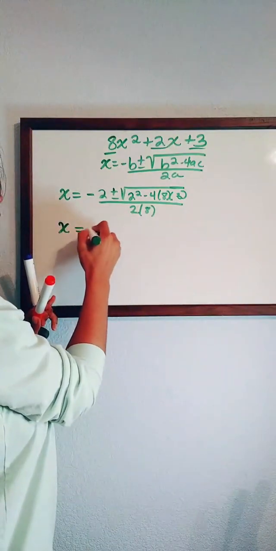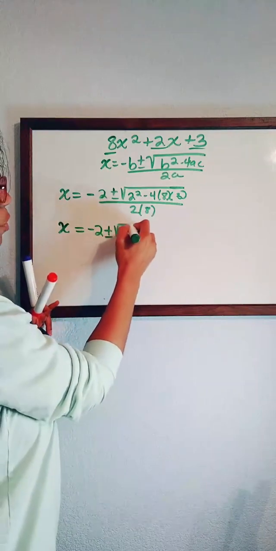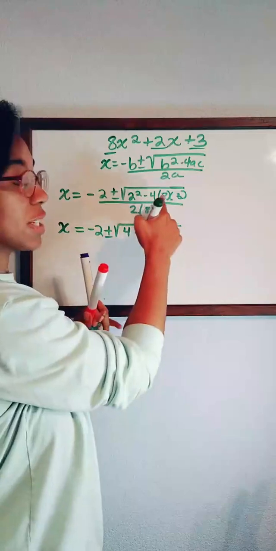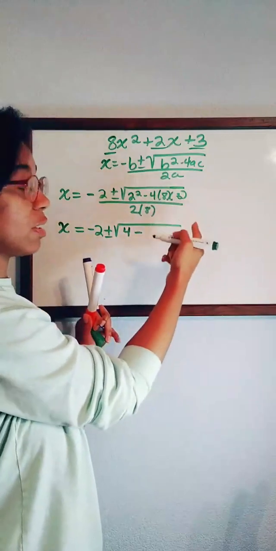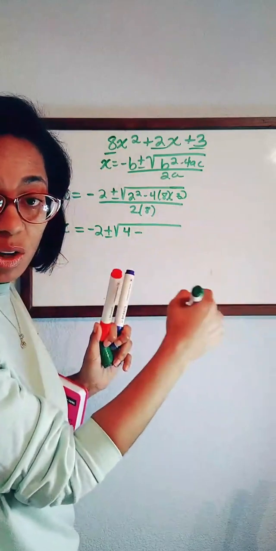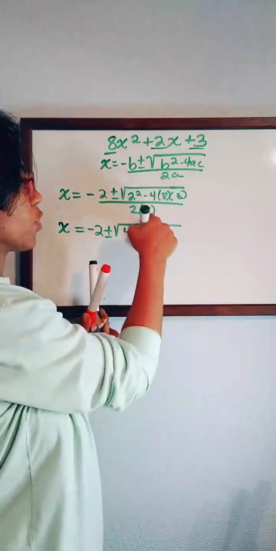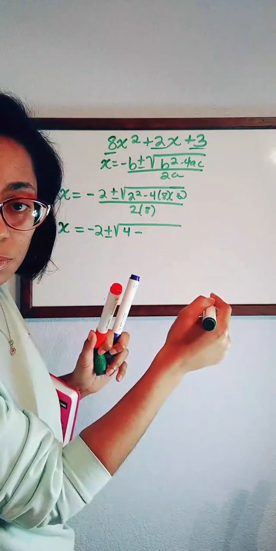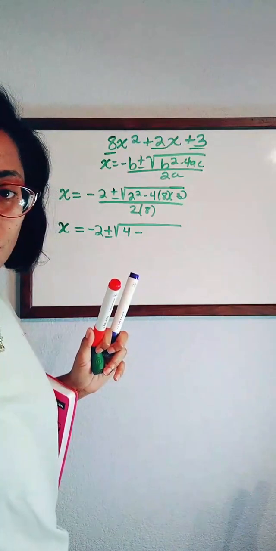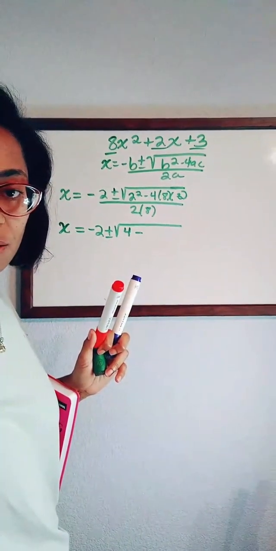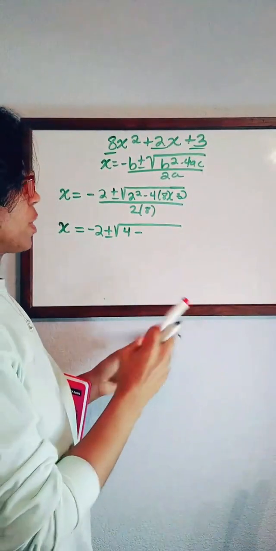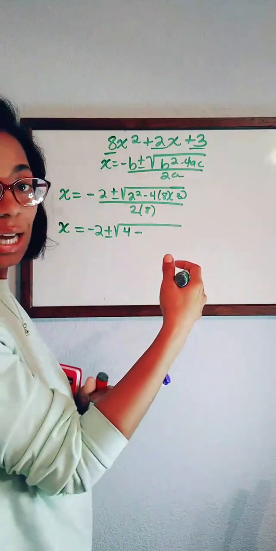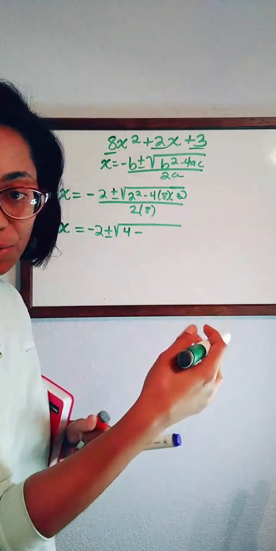So x is equal to negative 2 plus or minus the square root of 2 squared, which is 4, minus 4 times 8 times 3. You can do 4 times 3, which is 12, and then 12 times 8, or 4 times 8 is 32, however you want to do it.